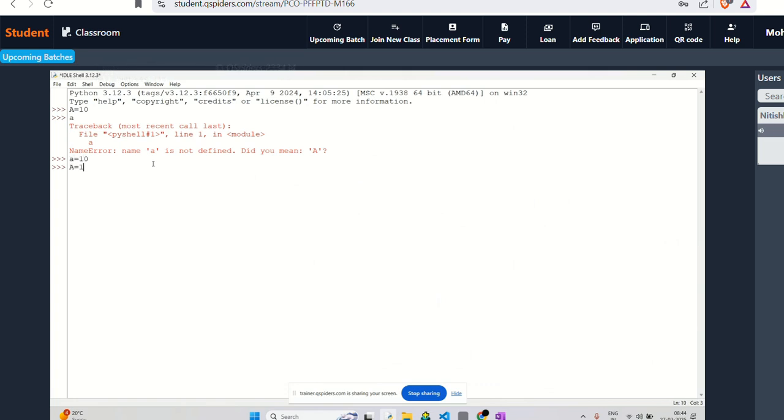Only alphabets are possible, alphanumeric is also possible, only underscore is possible, and a combination of all three. Understood?